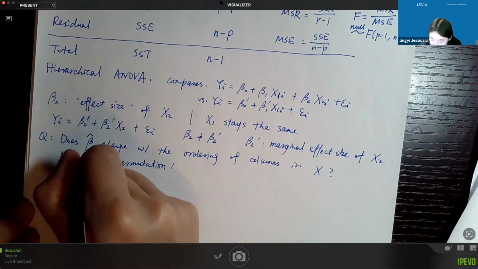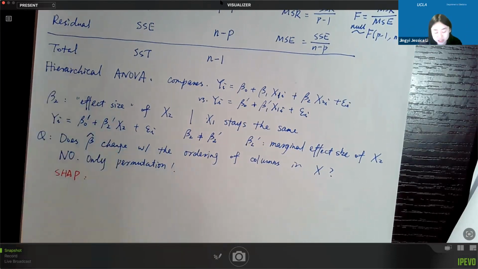There's something called SHAP. It's an interpretation measure, and it borrows the idea from linear models. No matter what the ordering of the predictors is, it will give you the same importance measure for each predictor in a black box model.